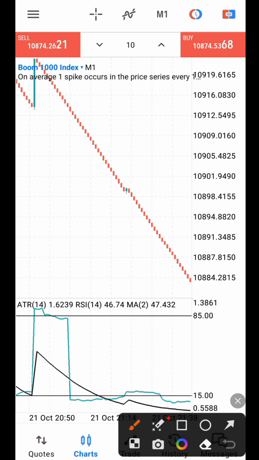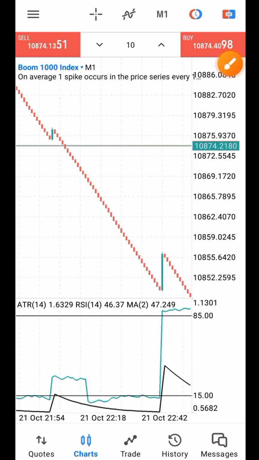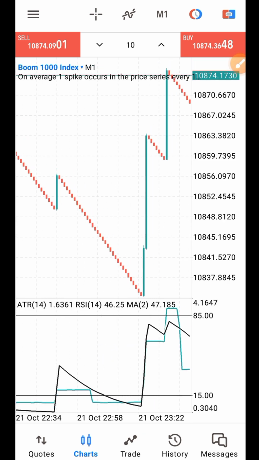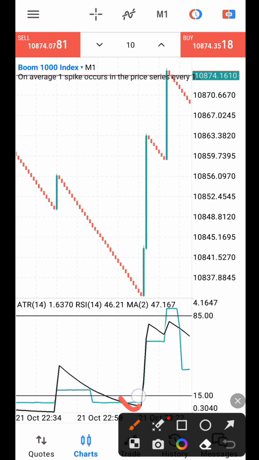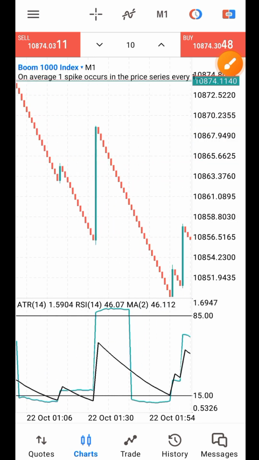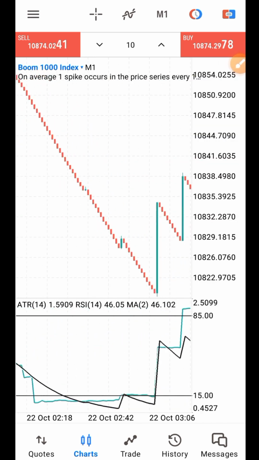So what am I saying? You see here, the black crosses the green and the market continues to trend down. That is where they say you buy the dip and the dip keeps dipping. You see what's happening here too. The cross happens, the market keeps selling.